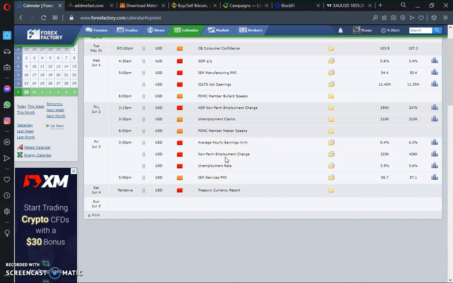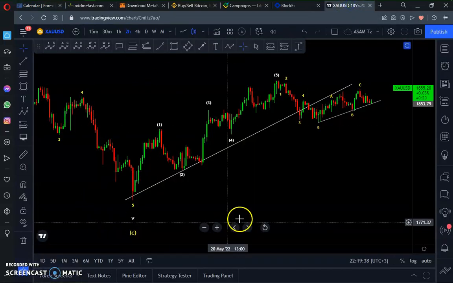It is very powerful, so we will have the NFP this Friday. Make sure that you remember those news hours and stay aware of the market when news are happening. But if you are a fundamentalist, you can trade those fundamentals. That's very powerful, very important, and you have to consider that.